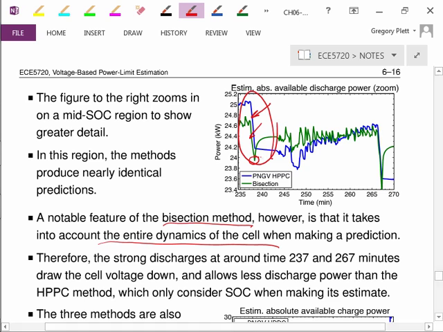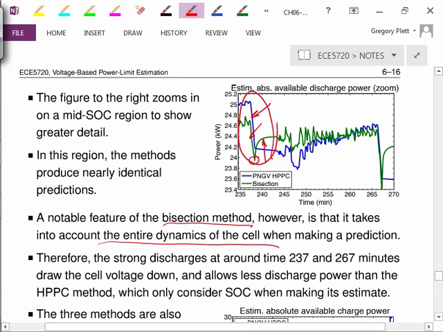But as soon as I stop discharging, the power that's available for discharge in the future rebounds quite a bit. So it's saying that as that RC filter in the model is discharging itself, there's this capacity for extra discharge power because of that.